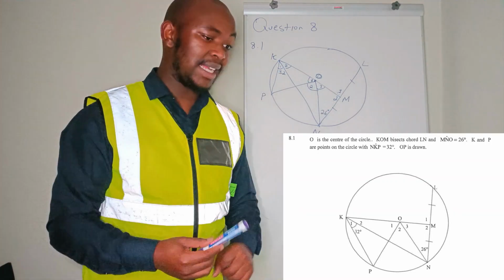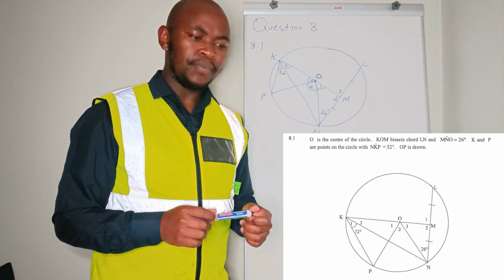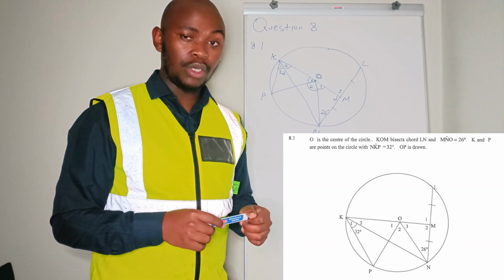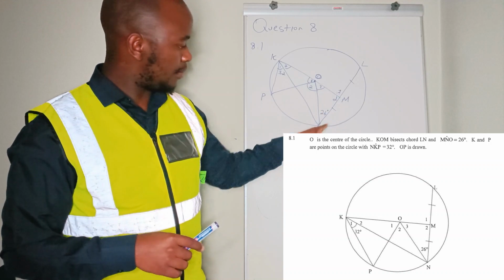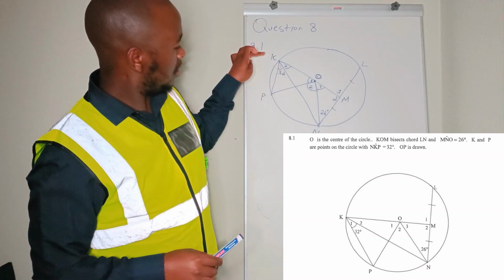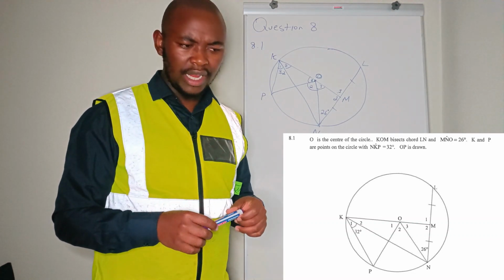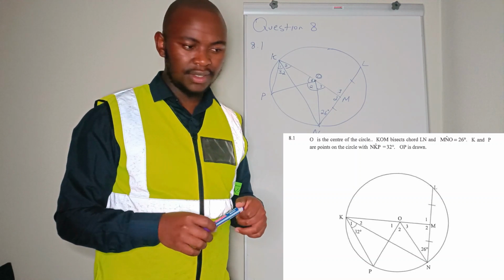I'm going to come back to that. MNO is equal to 26 degrees. K and P are points on the circle with NKP equal to 32 degrees.